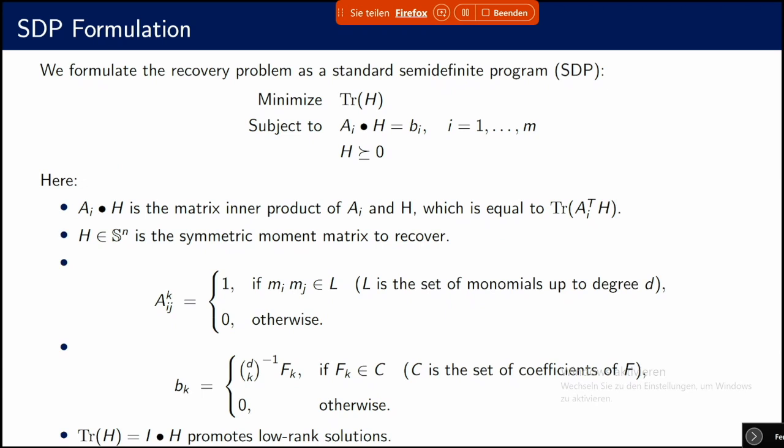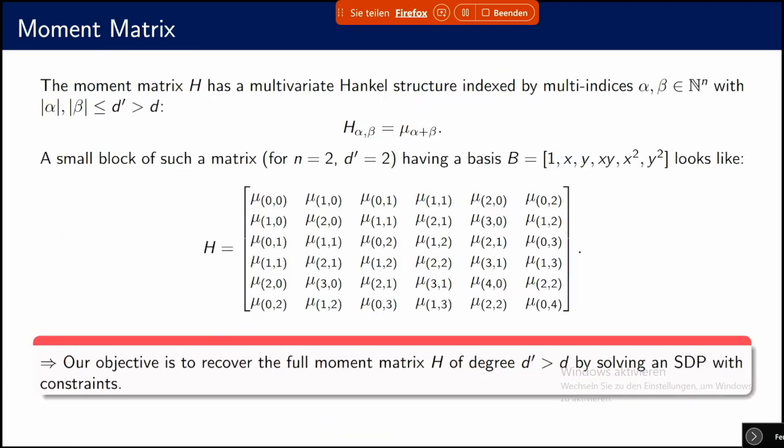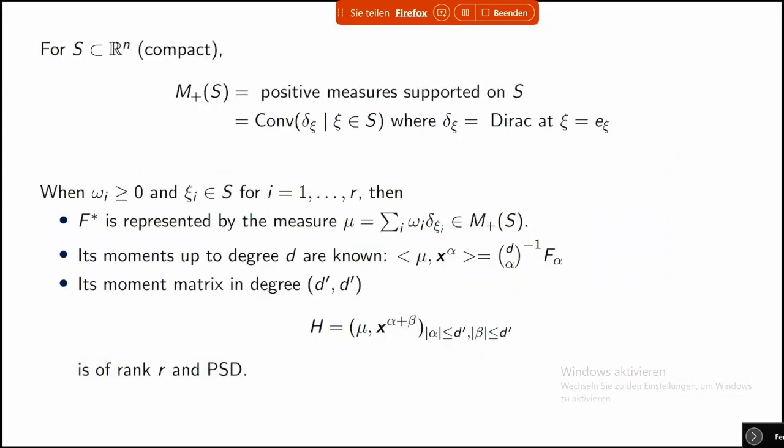This one is for the PSD constraint that is coming from the fact that the Hankel matrix is PSD. I'm imposing this constraint because I know that the moment matrix is a PSD matrix.